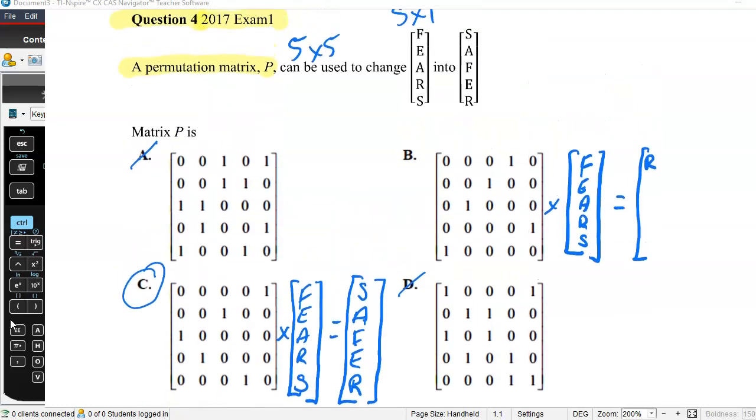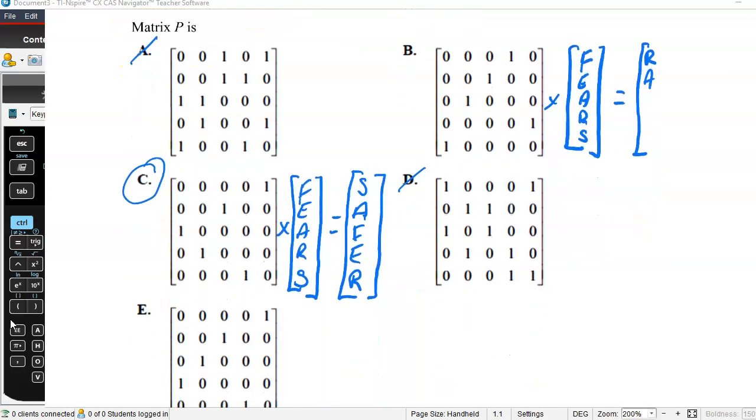So that is not going to turn this into this. Even this second row was going to get A, but it's not turning fears into safer because that letter there is R.